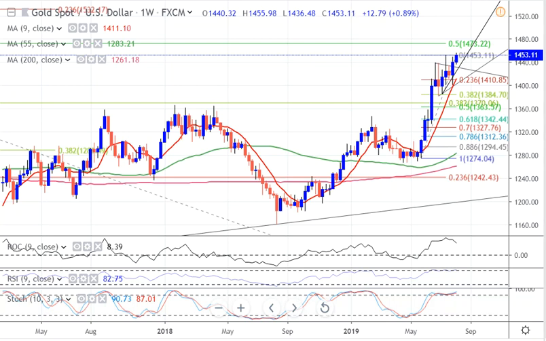So the bit we saw between 2011 and 2015 really was just a correction to the overall bullish trend of gold. So I don't see any reason at the moment to liquidate any longs.